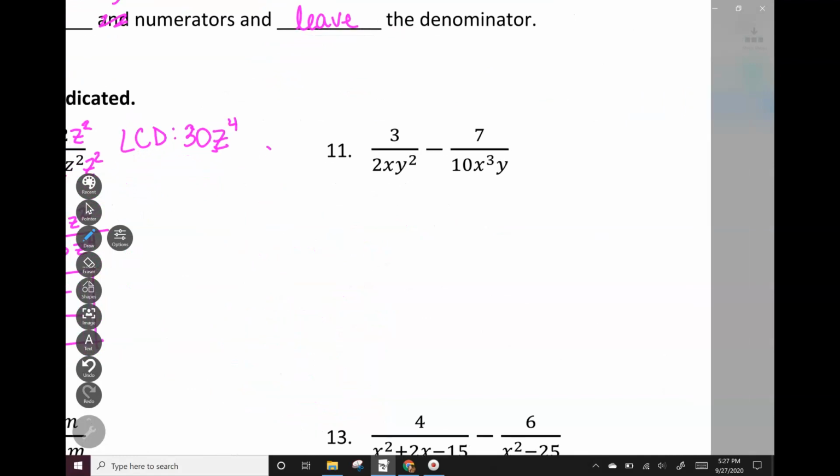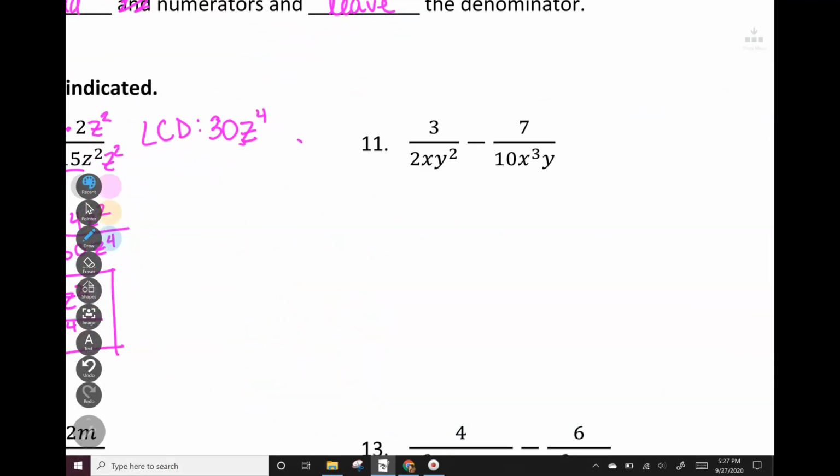Okay, next one. Let's see what our LCD would be here. Looking at just our coefficients, I've got a 2 and a 10 that I need to match. The easiest way to do that would be multiplying this 2 by 5 to get 10. So for our LCD, I can get 10 by multiplying by 5 here.